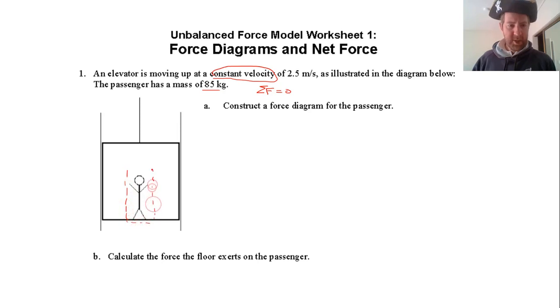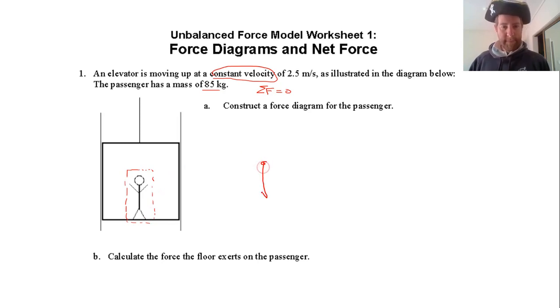And this box helps tell me what's interacting with him, because our definition of a force is an interaction between him or her and something else. So at the moment it only looks like the floor is interacting with the passenger, and of course gravity can do it magically without touching.